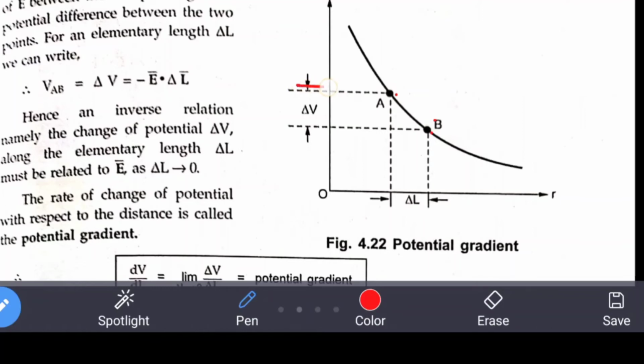Assume it is delta V, but delta V becomes 0 as delta L tends to 0, whether the radius is r1 or r2. The rate of change of potential with respect to distance is known as potential gradient, and is given by dV by dL.